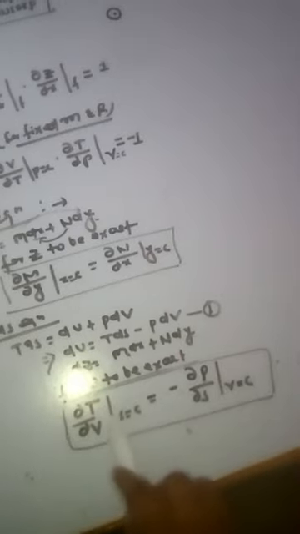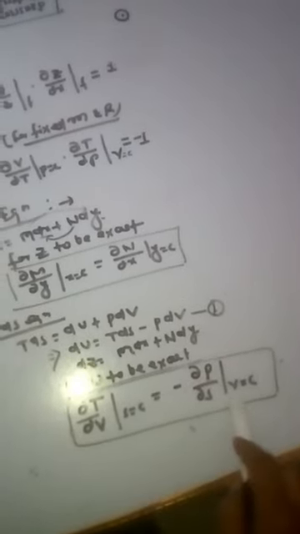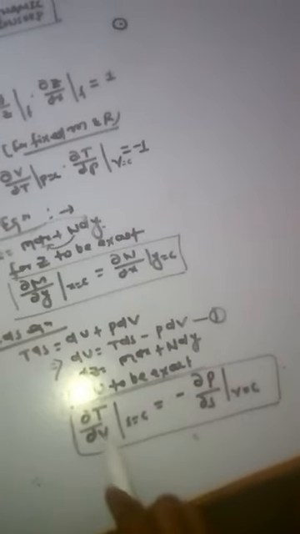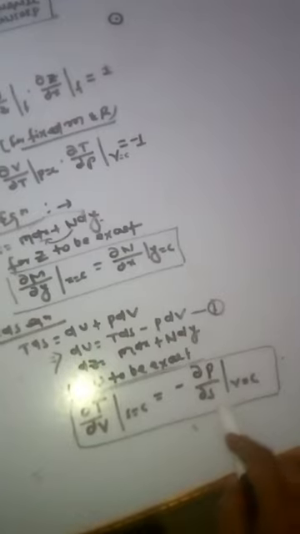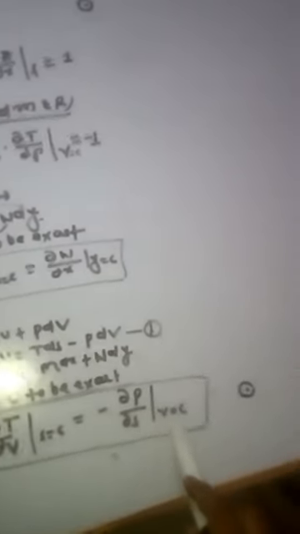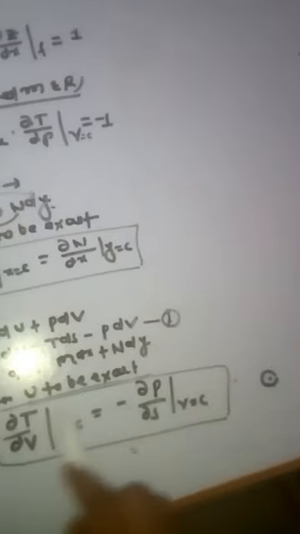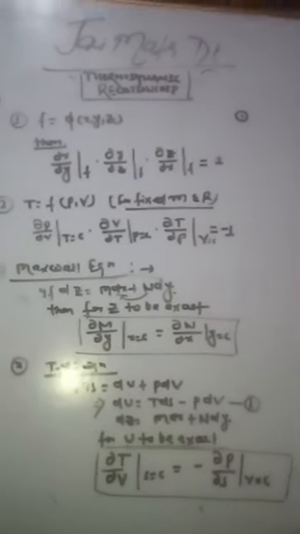So there is a sequence between these two terms. If volume is varying, S is constant, but on the other side, if S is varying, then V is constant. So this is one equation of Maxwell. This is all about the first session of thermodynamic relationships. Thank you.